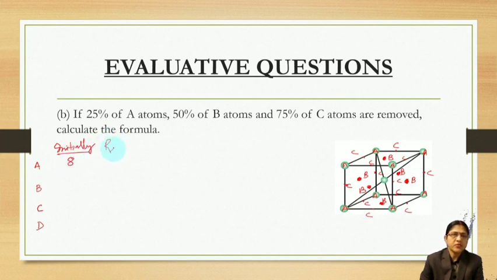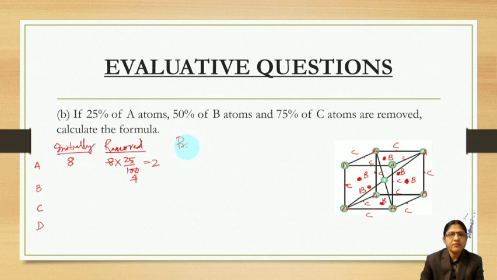Then removed. How much removed? 25%. So 25% of 8. So then 2. 4 2s are 8.